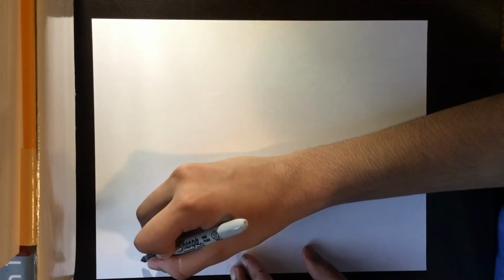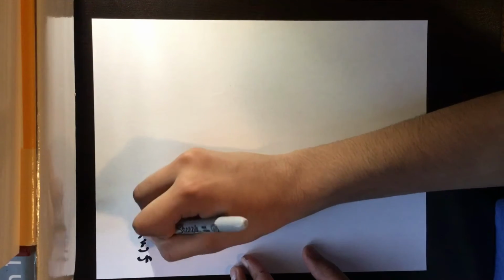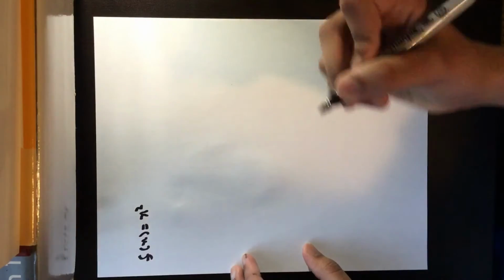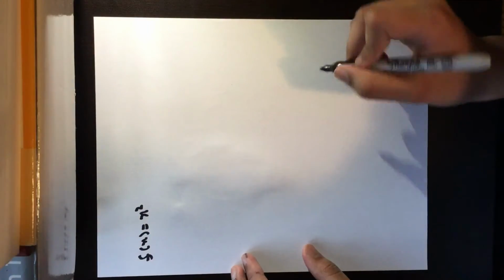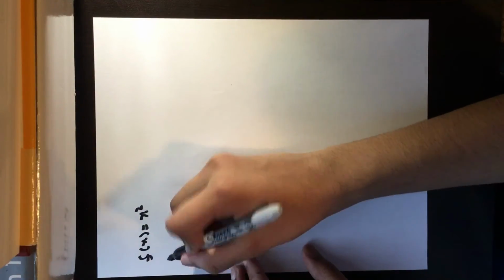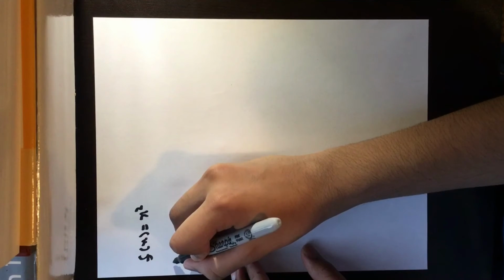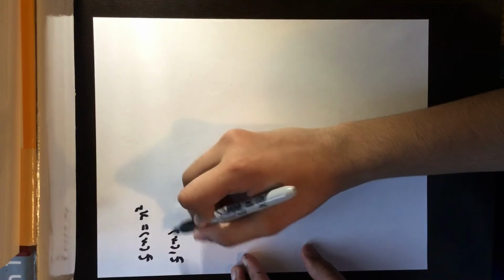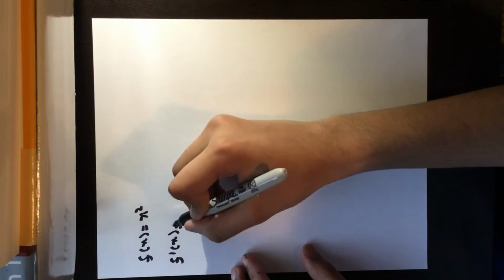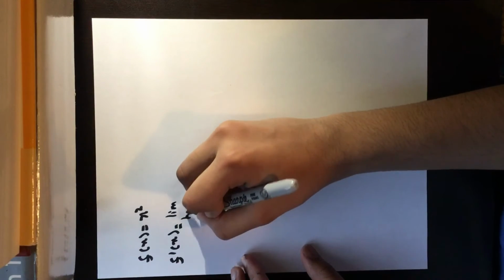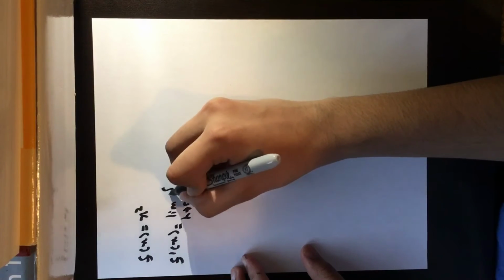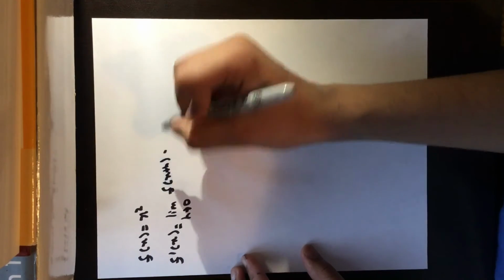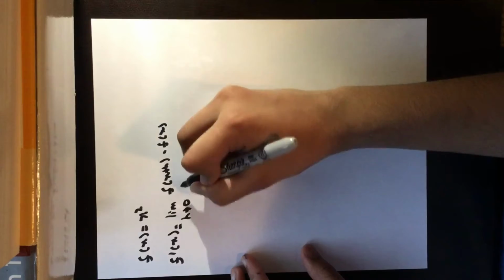If we're given a function f(x) equal to x squared, how do we find the derivative of that function? Well, we know that the derivative of f(x), which is noted as f prime of x, is simply equal to the limit h to 0 of f(x plus h) minus f(x) over h.